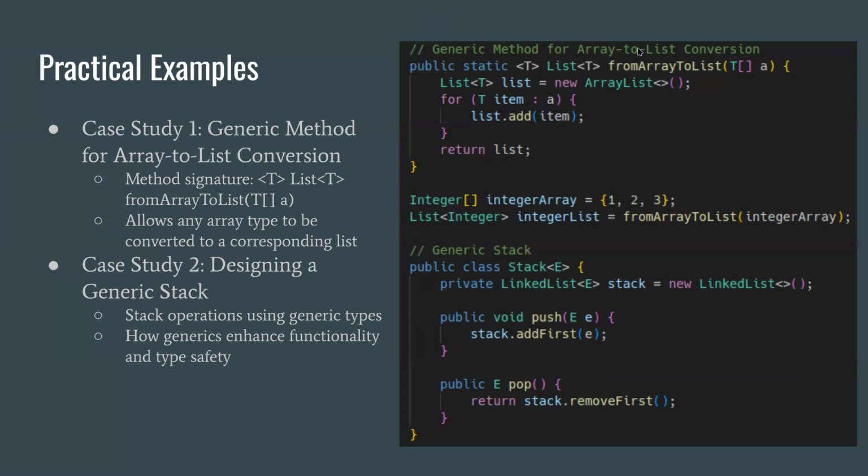You can see that we have this method, static <T> List<T> fromArrayToList, and we're passing an array of T. Then we instantiate a new ArrayList, and then we iterate, add each item, and then return the list.